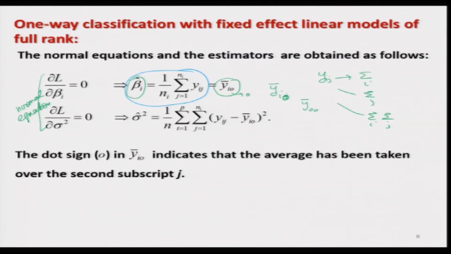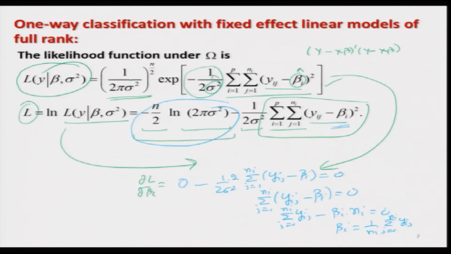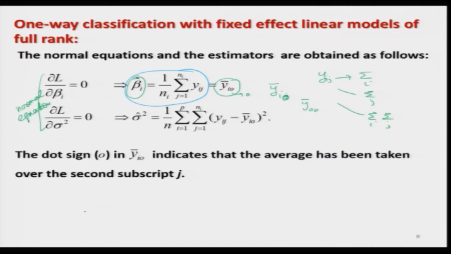And similarly, if you try to differentiate this function with respect to sigma square and put it equal to 0, you will get the maximum likelihood estimate of sigma square as 1 upon n, double summation I goes from 1 to p, j goes from 1 to ni, y I j minus y bar I naught whole square, right.